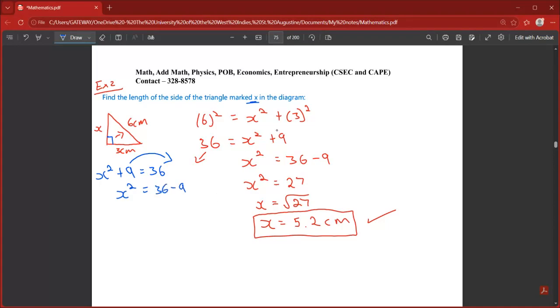I moved the 9 to the left hand side and flipped it, hence the 9 became negative. So that's how I went from this step to this step. This is the part that I had skipped. So x squared would therefore be equal to 27, and x will be equal to the square root of 27, which is 5.2 cm.